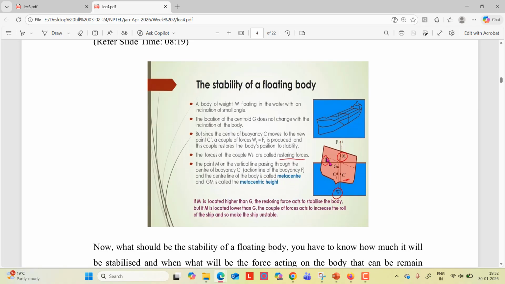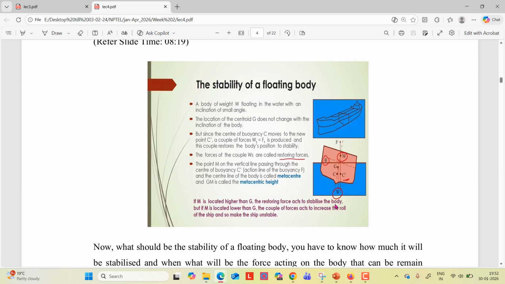And this GM line is called the metacentric height. And if M is located higher than G like this in the image, the restoring force acts to stabilize the body.